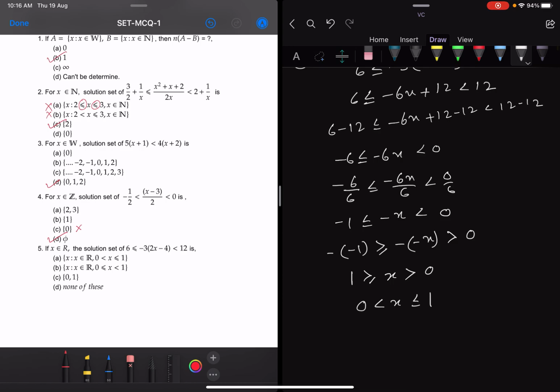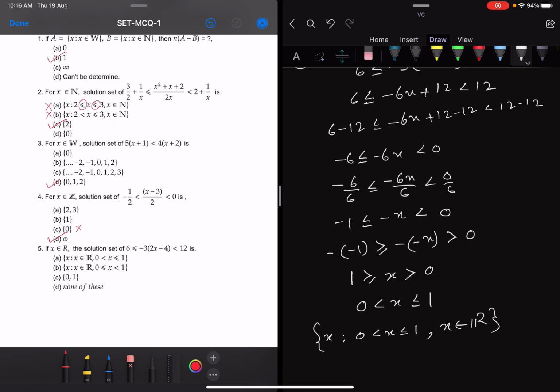so the solution, you may think that the solution is 1 because the equals to part is there. No, not like that, because the set defined here is 0 less than x less or equals to 1, and it is x belongs to real number.